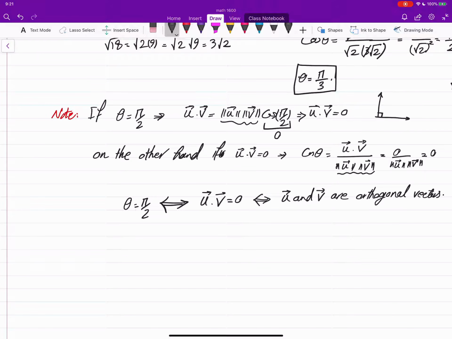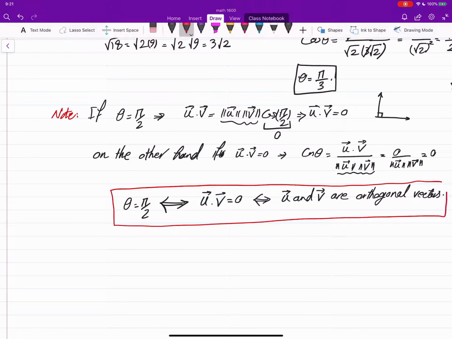In other words, the test for being perpendicular when they are in the standard position is u dot v equal to 0. The terminology we would use is that they are orthogonal. In other words, their direction is perpendicular to each other. Let's do one example before I finish this video.